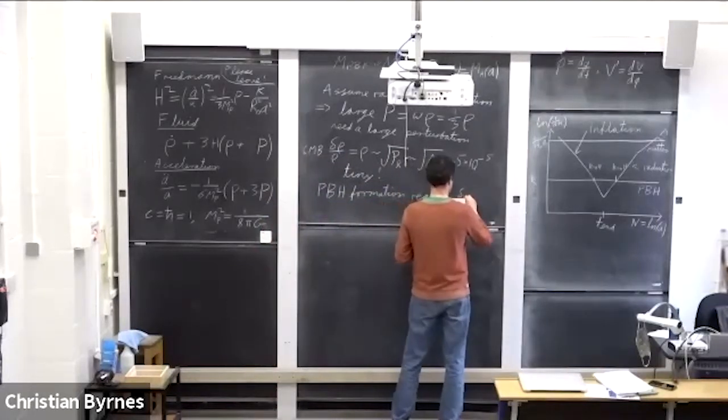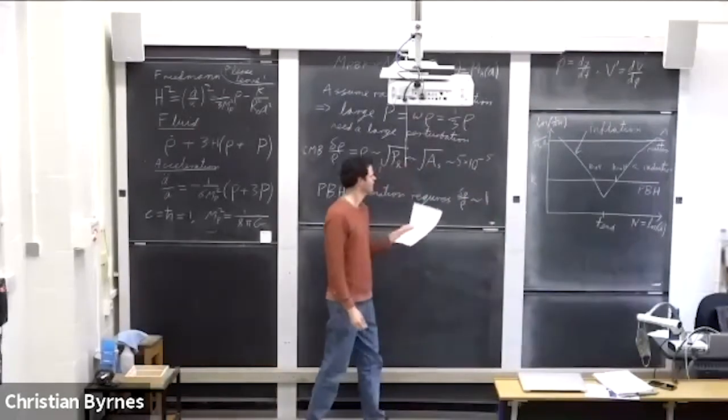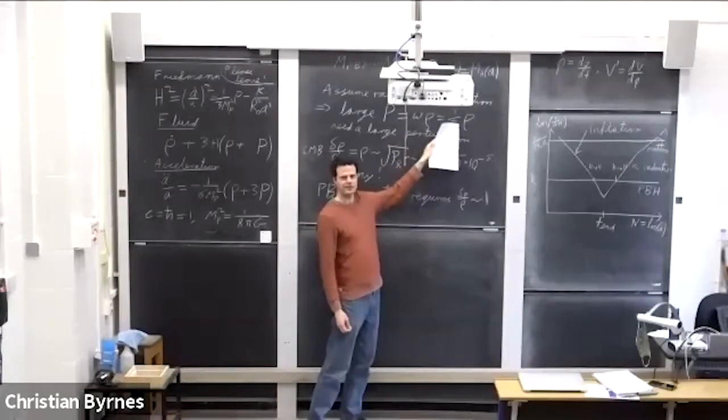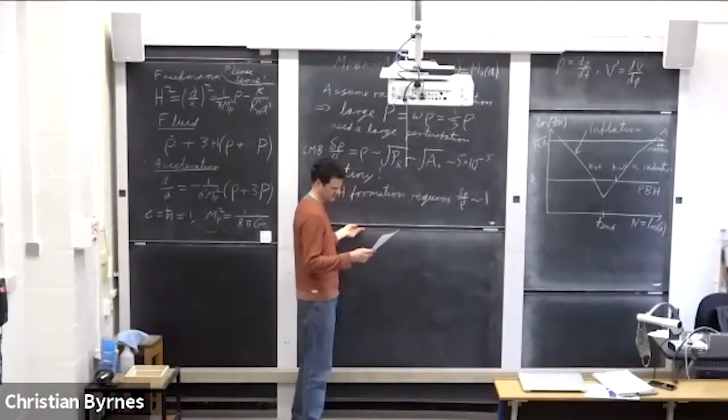I'll be a bit more precise, but it requires delta rho over rho close to order unity to beat the large pressure, which is comparable but not quite as large as the energy density.